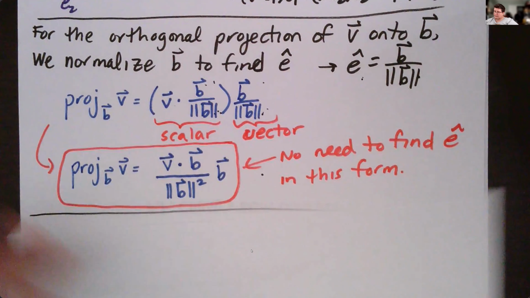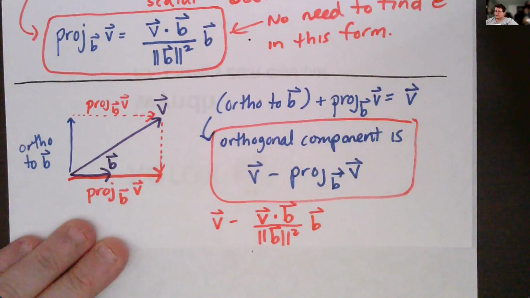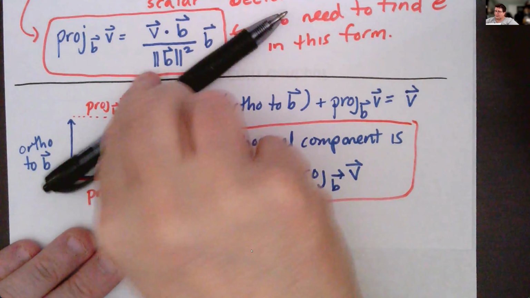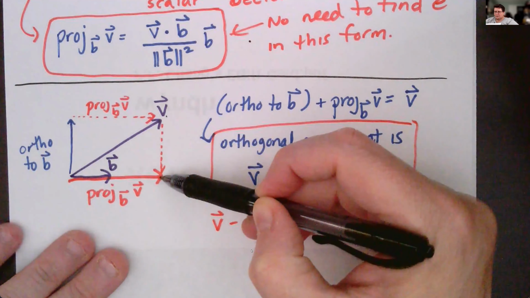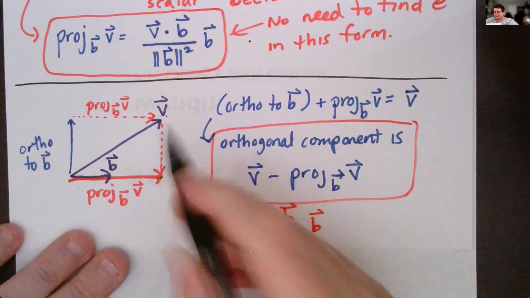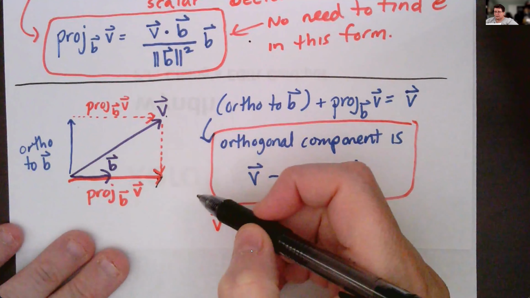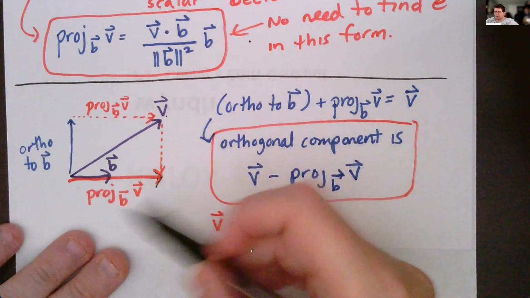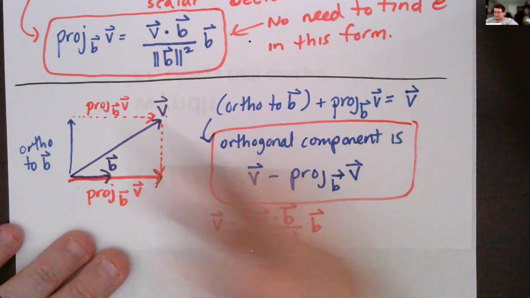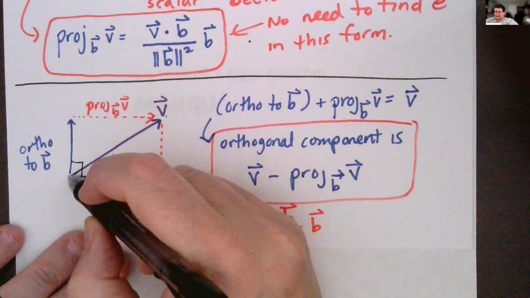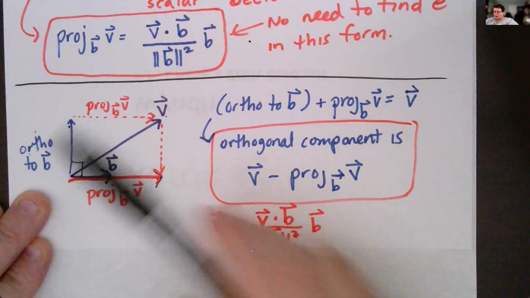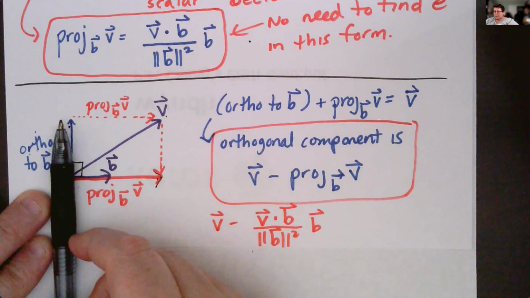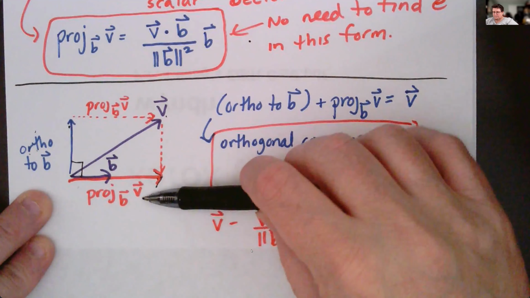Let's take a look at it. What's going on pictorially? I've got V here and I've got B there. We're projecting V onto B. The projection of V onto B is this right here. And then a vector that's orthogonal to that one would be that one. So this is the orthogonal vector to B. And if I want to find out what that is in terms of V and B, I can just move this up right there.